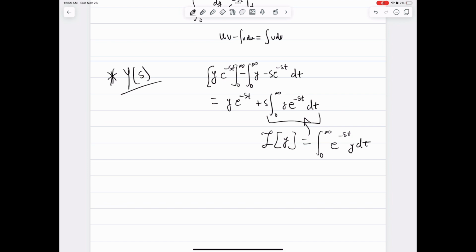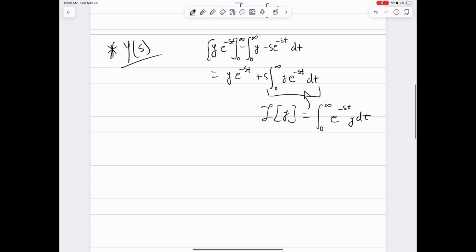Just keep in mind that this is equal to the Laplace transform of y. This just makes it easier to write.